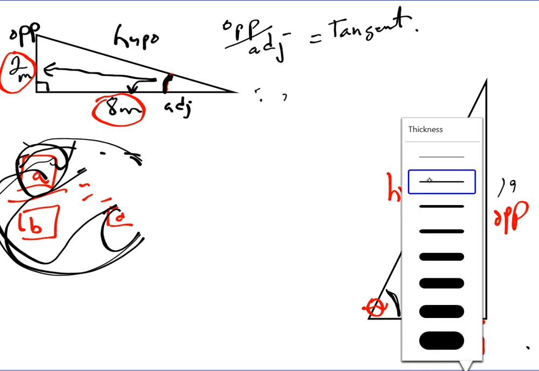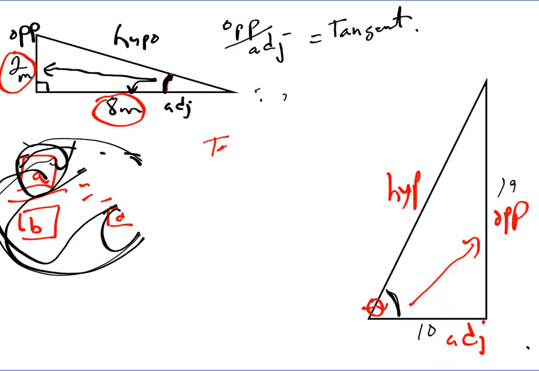We'll say that the tan of this angle is equal to the relationship of the opposite over the adjacent. I don't know what the tan of this angle is, so we're going to leave that. We're going to write the tan of this angle is equal to my opposite, which is 19, over 10.